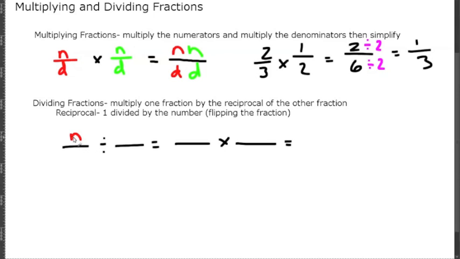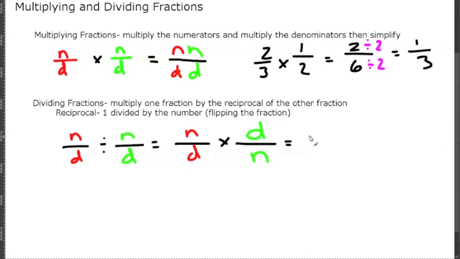One fraction divided by another fraction is going to be the same thing as doing the first fraction times the reciprocal of the second fraction. So we're going to put the denominator on top and the numerator on the bottom.